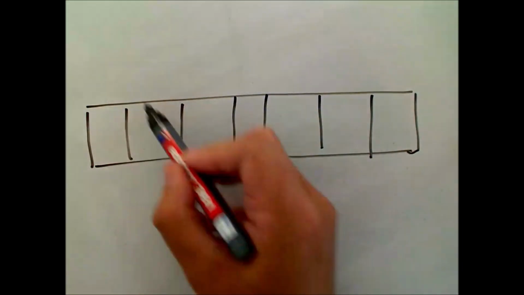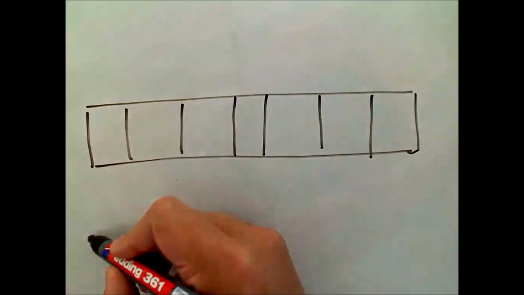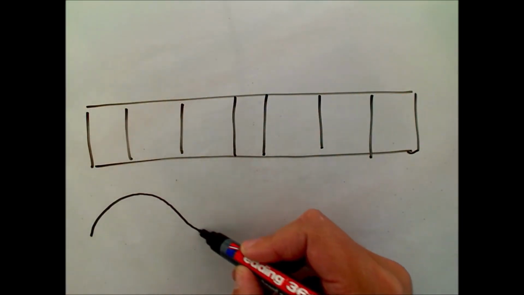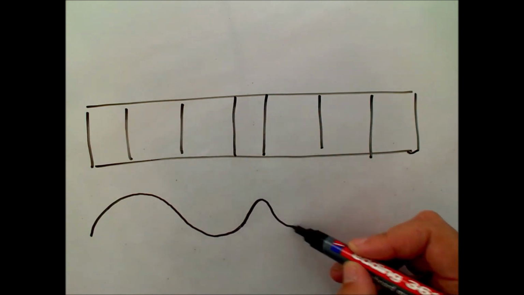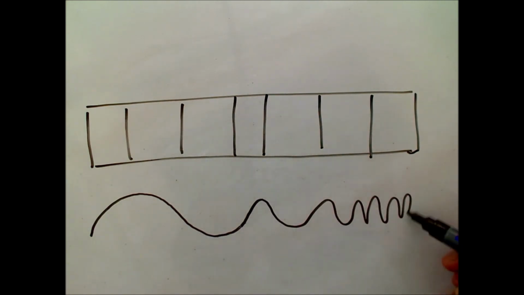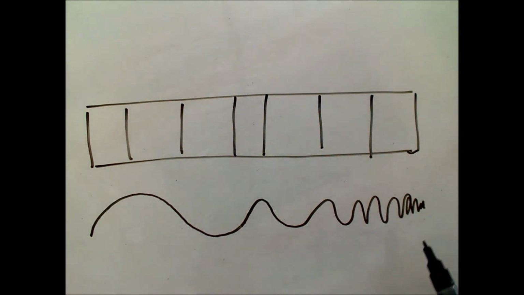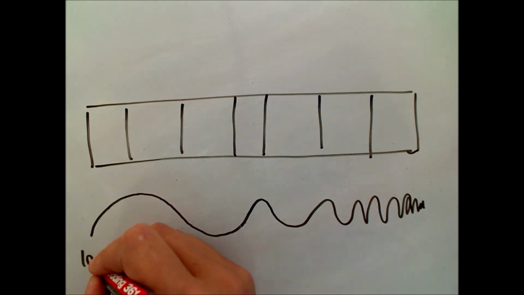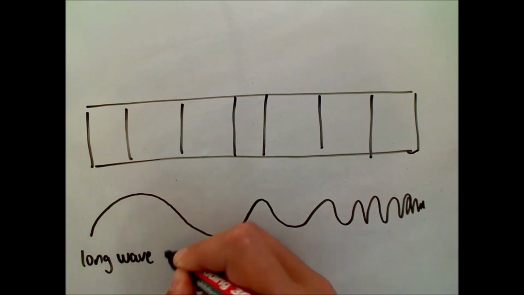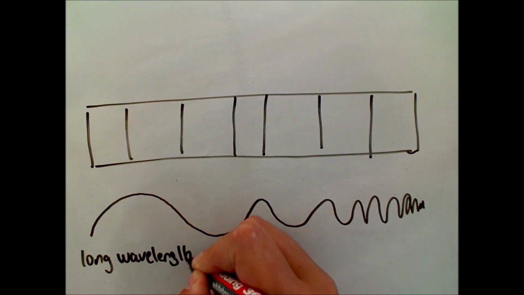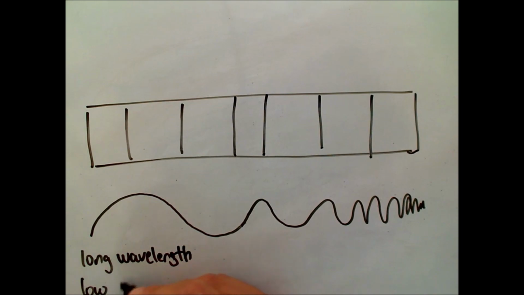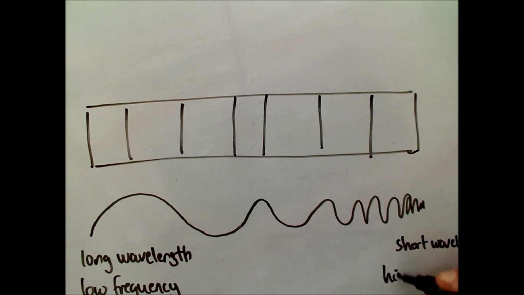So this end of the spectrum is going to be the part that has the longest wavelength and the lowest frequency. And as we get further along, the frequency increases and the wavelength gets a lot smaller. So long wavelength, low frequency, and on this side, short wavelength and high frequency.